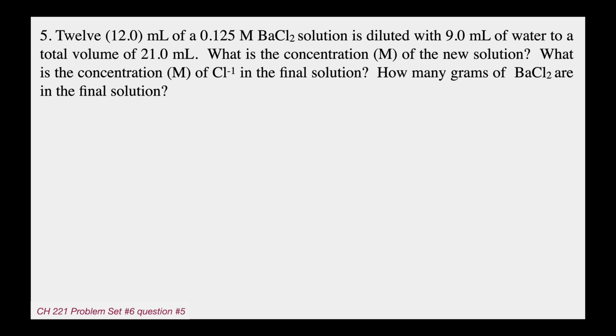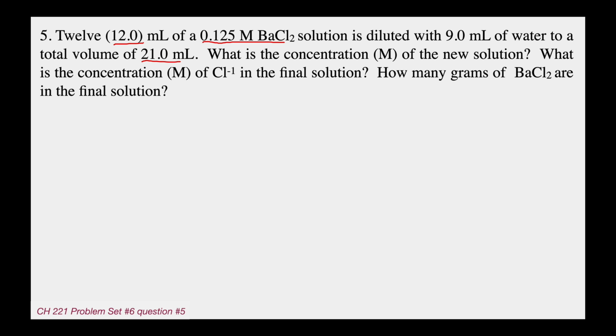You're taking a concentrated solution, 0.125, and you're diluting it. It went from 12 milliliters to 21 milliliters. The goal of this first part is to find M2, the concentration of the new diluted solution. And the answer should be less than 0.125 molar because we've added some water to it.